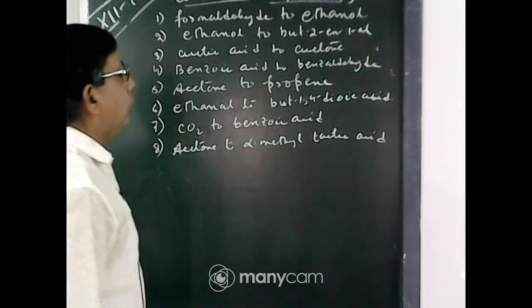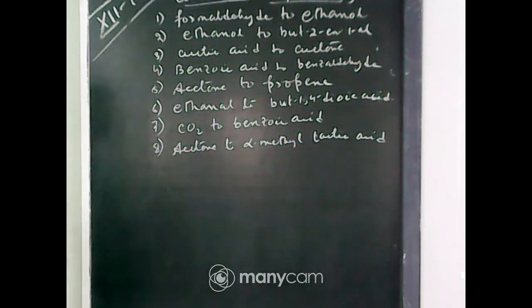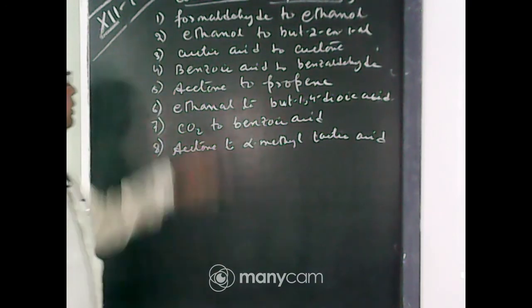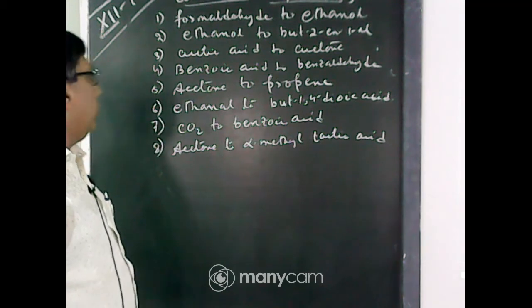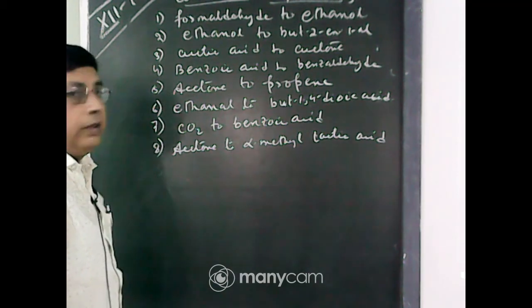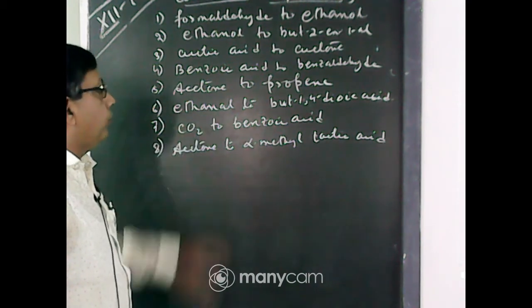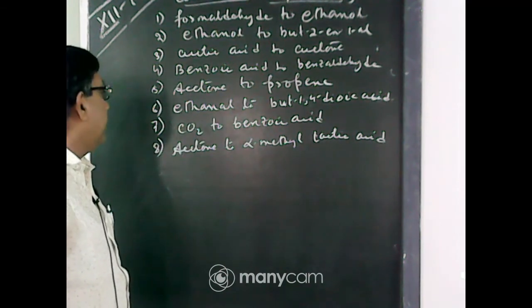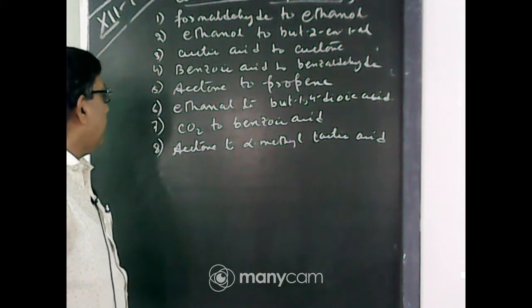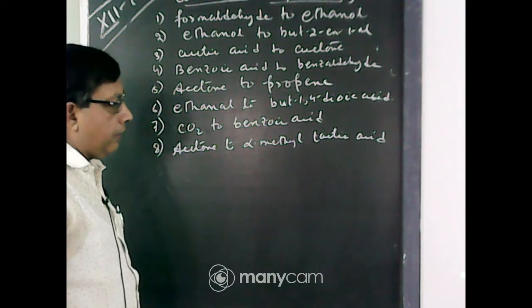You have to do the following conversions: formaldehyde to ethanol, ethanol to but-2-en-1-al, acetic acid to acetone, benzoic acid to benzaldehyde, acetone to propene, ethanol to but-1,4-dioic acid, carbon dioxide to benzoic acid, and acetone to alpha methyl lactic acid.